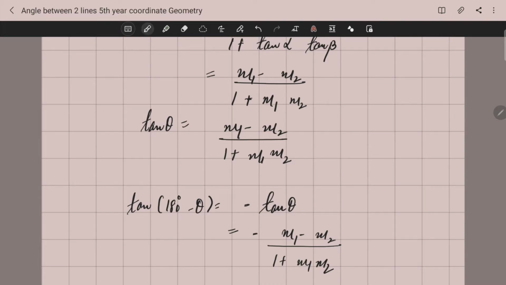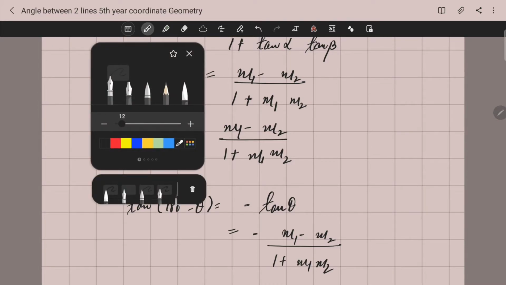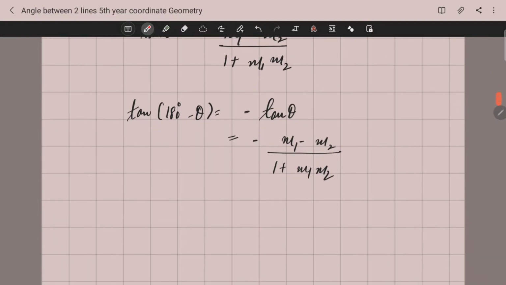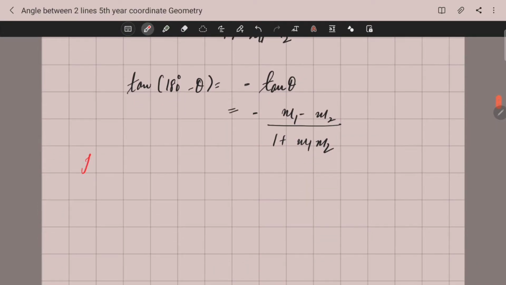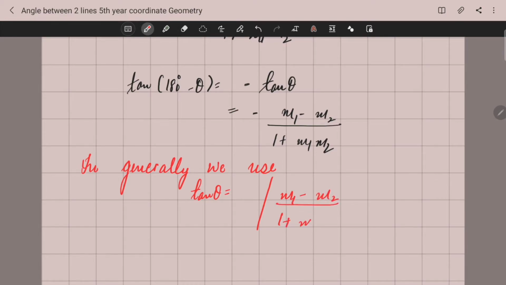In general, which formula will we use? In general, we use tan theta is equal to modulus of m1 minus m2 over 1 plus m1 m2.